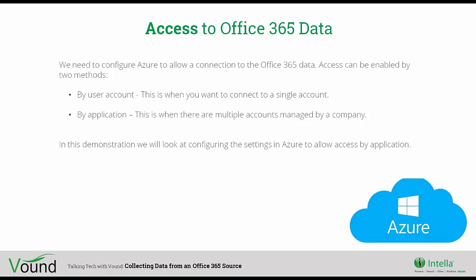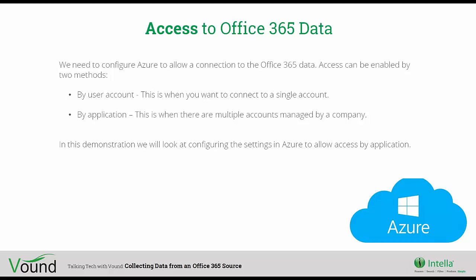But we'll first talk about the different types of access. So there are two ways to provide access when we get into the portal. One is by user account and two is by application. The by user account method is used when you want to connect to a single account, typically just a standalone account.